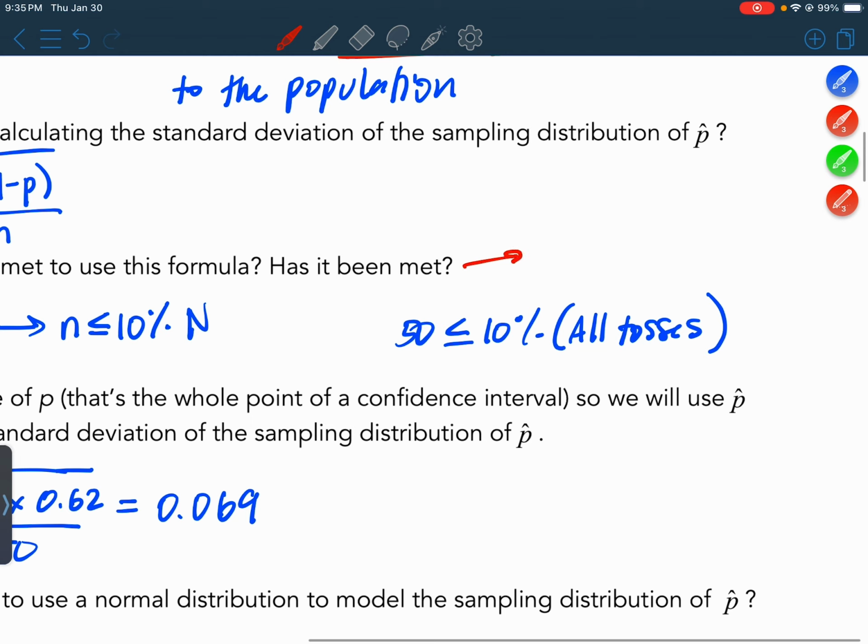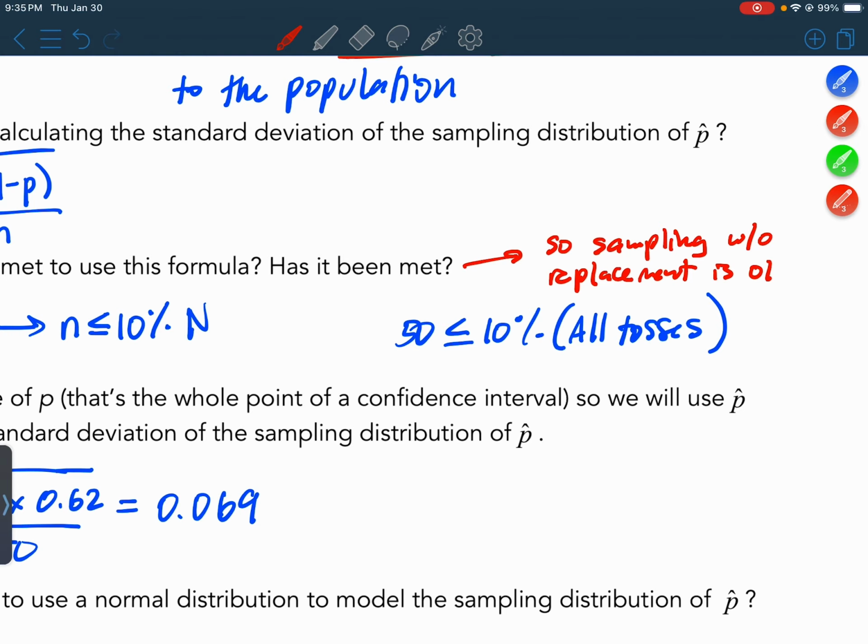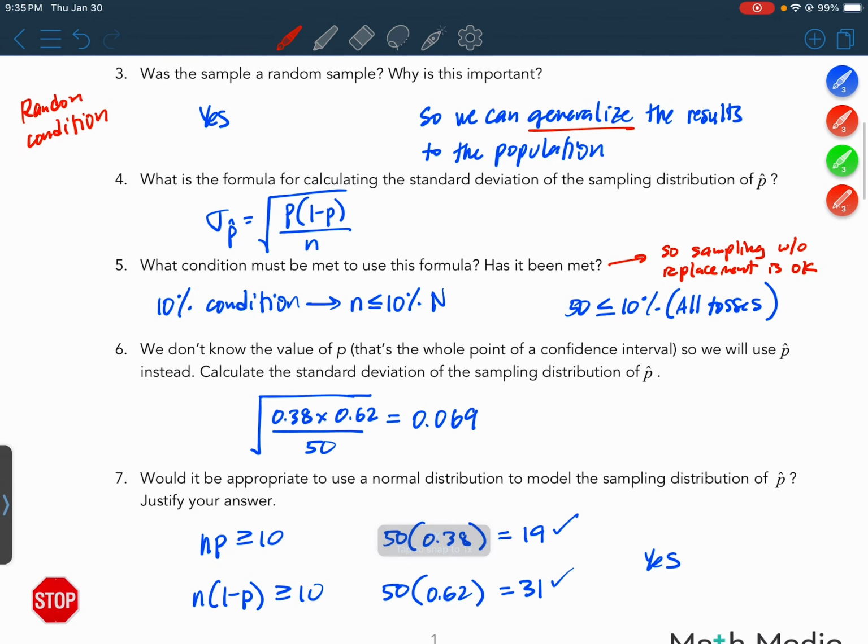So I'm going to write the reason here: sampling without replacement is okay. This is another condition that has to be met before we can even think about constructing a confidence interval. From now on, we're just going to refer to this as the 10% condition.